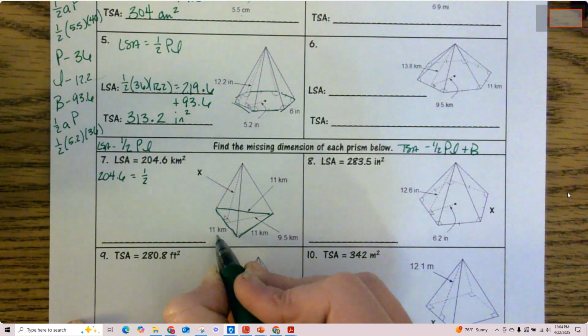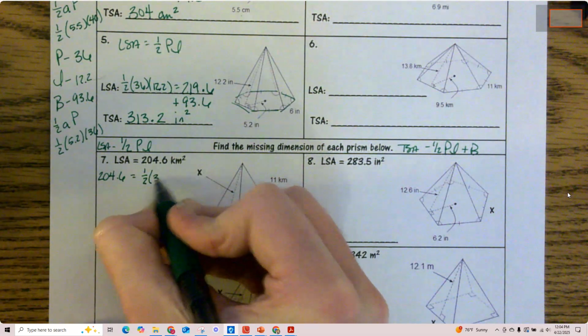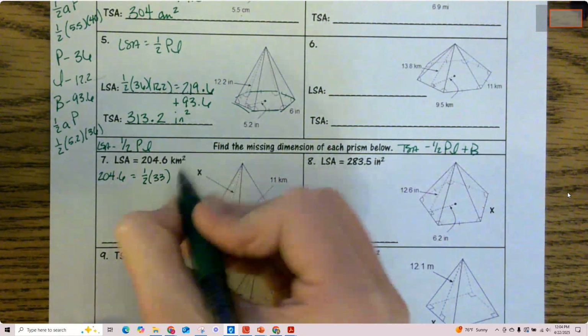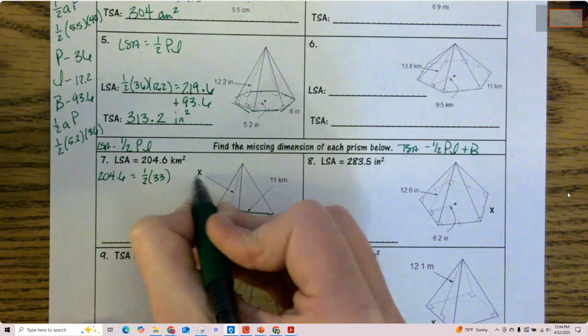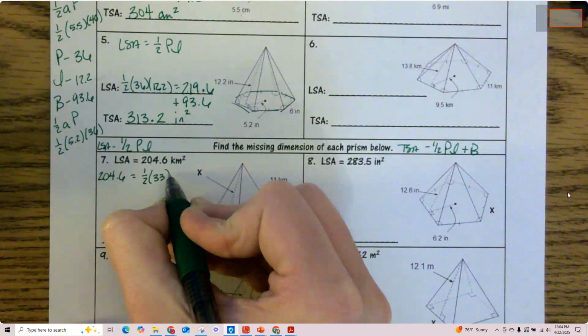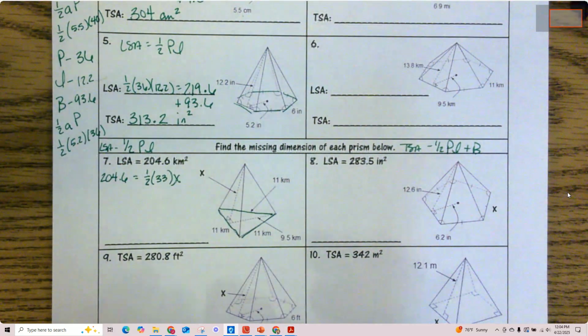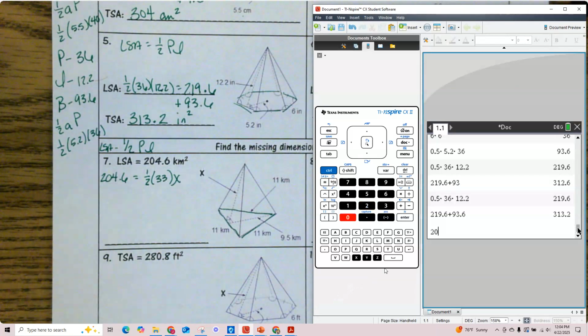So each side is 11. 11 times 3 is 33. And then slant height, that's what we're looking for. All we got to do is solve. So if they give you lateral, that's the easier one to do. That one's not bad.